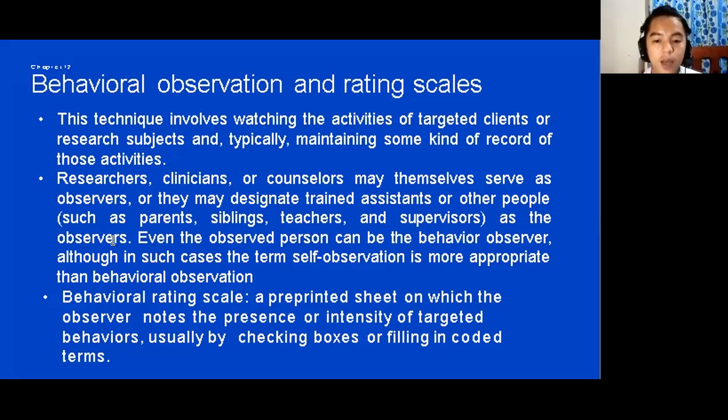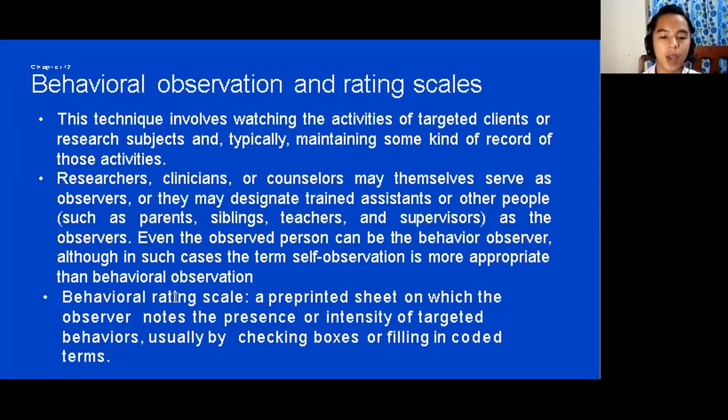This is what I am referring to in my earlier discussion, in which the clinicians or psychologists themselves or the researchers themselves may do the observation, or they may designate anyone to observe. It is an advantage for us students or even graduates to experience observing a behavioral observation assessment.